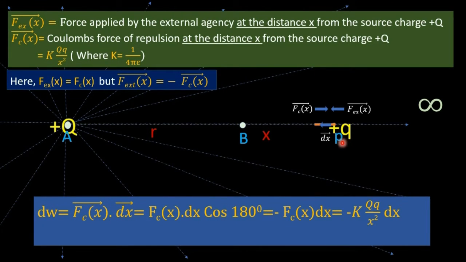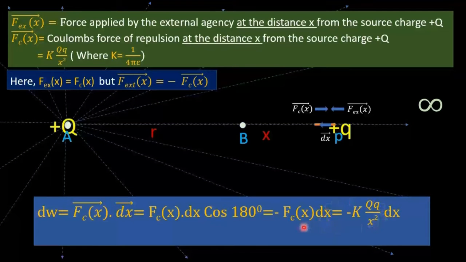Here we have seen that the directions of displacement and the Coulomb's force are opposite in direction. So the angle between these two directions is 180 degrees. So the dot product of Coulomb's repulsive force and the length element becomes equal to minus Fc dx.